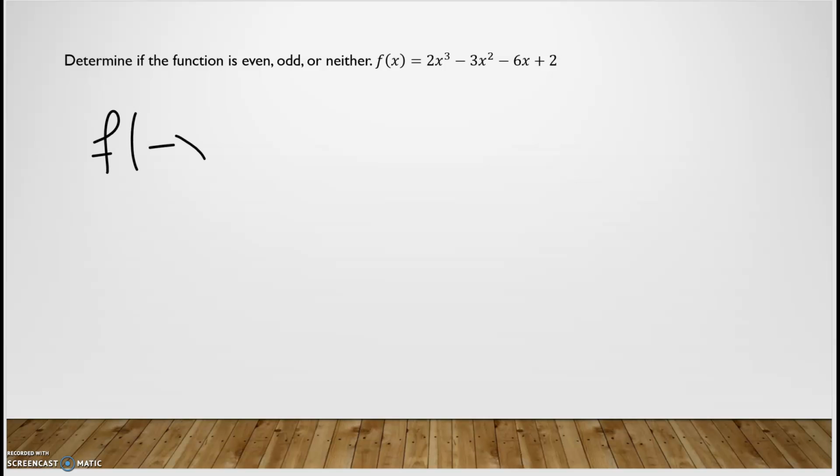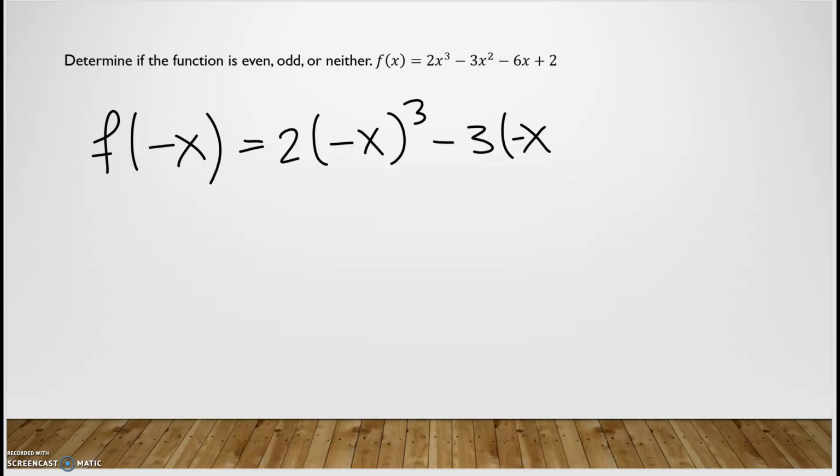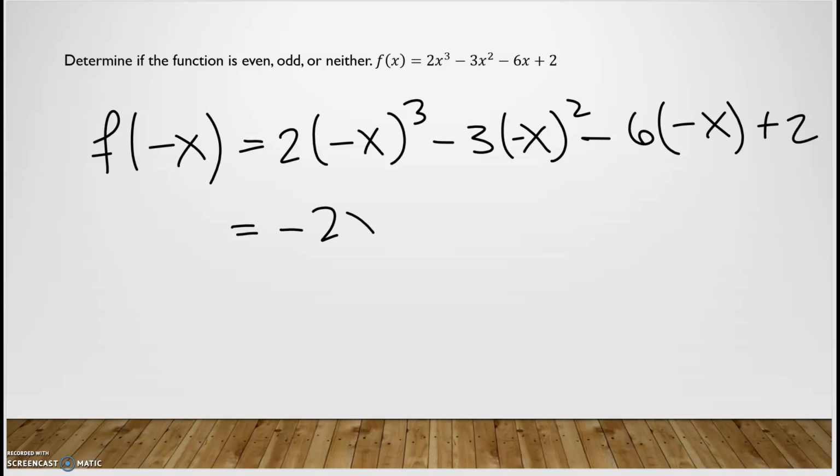Okay, let's look at this last one. f of negative x, we're going to have 2 times negative x cubed minus 3 times negative x squared minus 6 times negative x plus 2. So this is equal to negative times a negative is a positive, times another negative, that's a negative, so negative 2x cubed. Then negative 3x squared, and then negative times negative is a positive 6x plus 2.